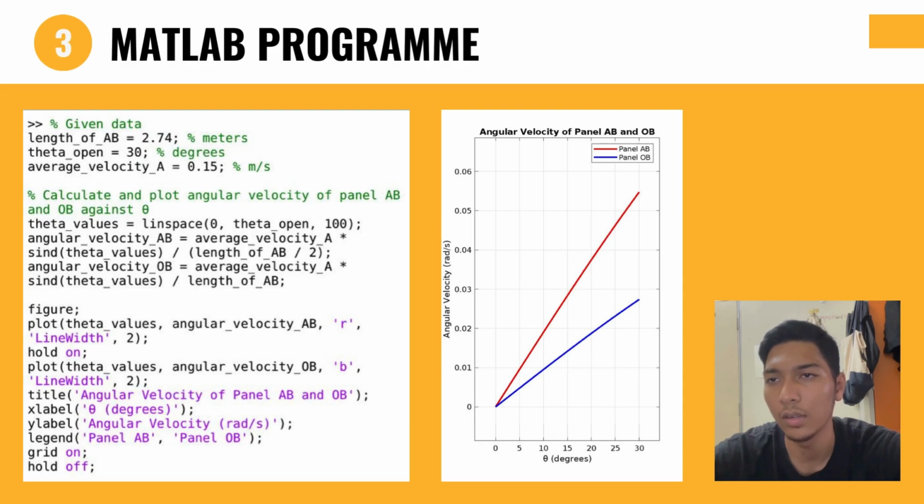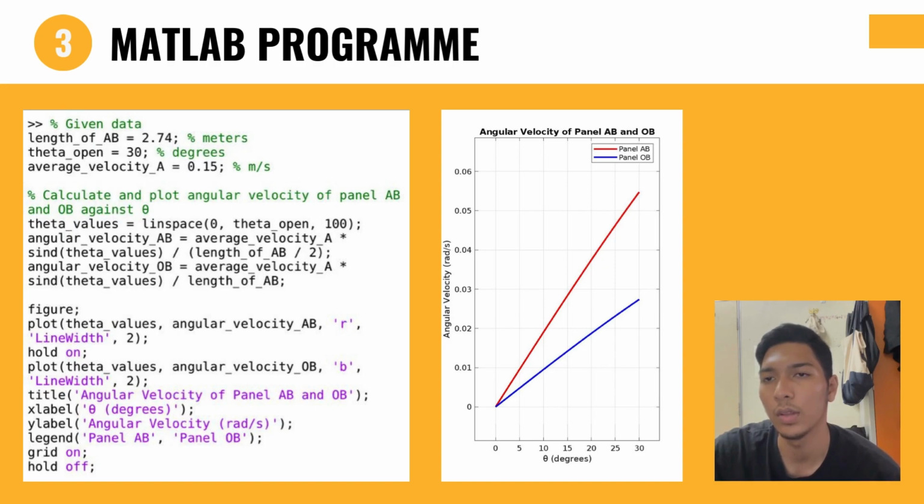And for the angular velocity AB, the coding we use is average_velocity_A. And for the angular velocity OB, we use average_velocity_A. So this coding we want to figure out the angular velocity and the degrees for panel AB and OB.